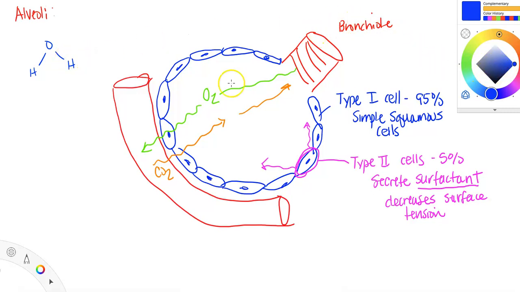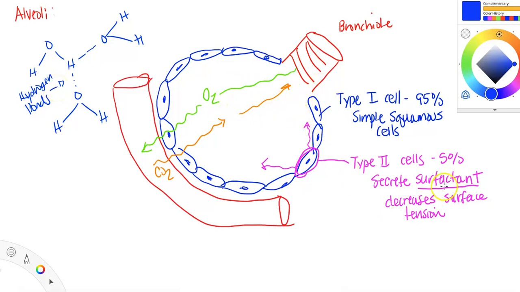And then remember, water molecules come together through hydrogen bonds. They stick together with other water molecules by the attraction between the oxygen and the hydrogen with those hydrogen bonds. And because of that, it creates a tension there.